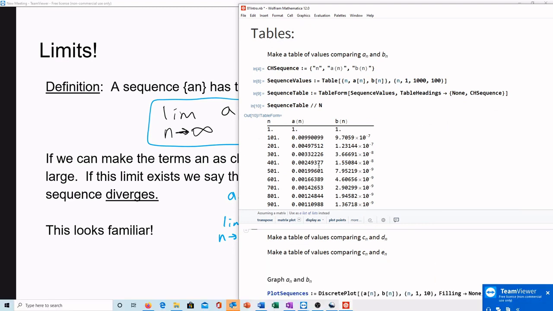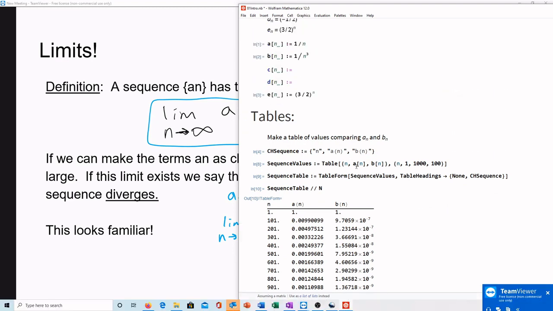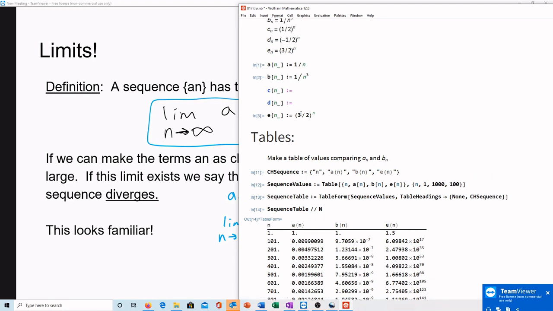Okay, so we could do something similar with e sub n. So let's do that. Let's add in e sub n here, and we'll add a little column for that, just to see something a little bit different. Okay, so e sub n is 3/2 all raised to the n.